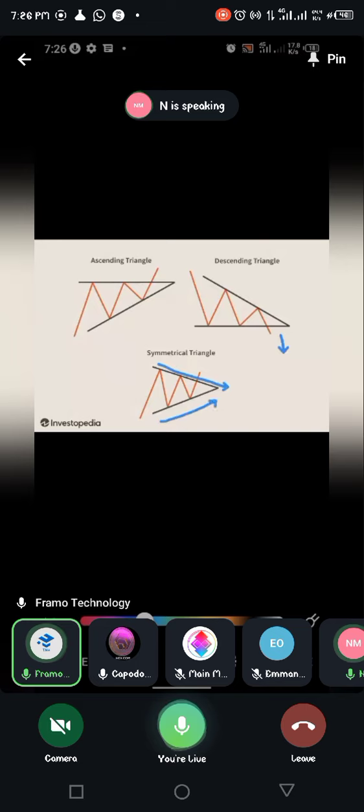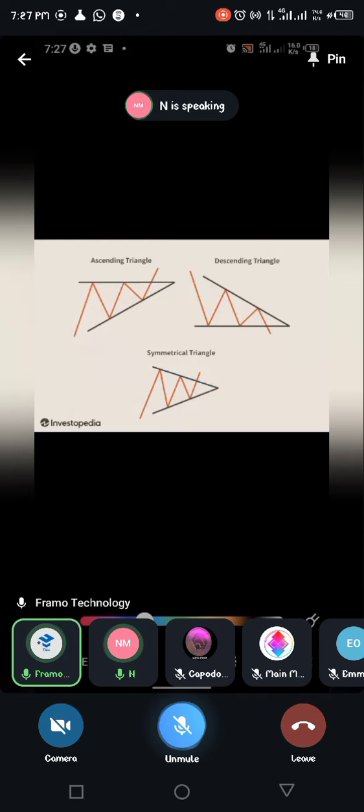You could see there is no horizontal line, and the lines seem to be the same. When it happens like this, we call it a symmetrical triangle. I hope the difference is okay. Can we proceed? Yes, please.